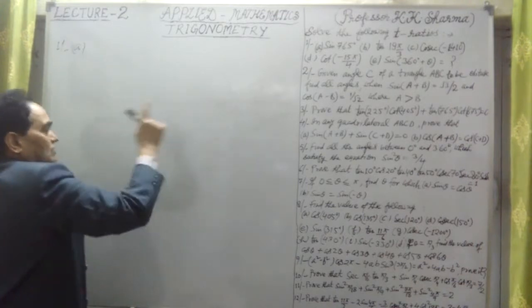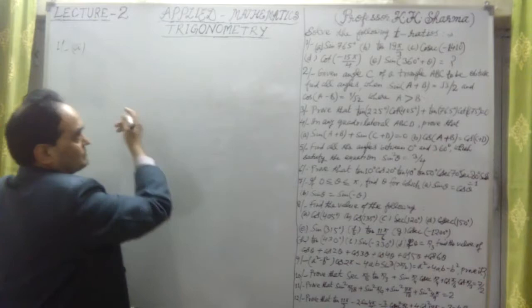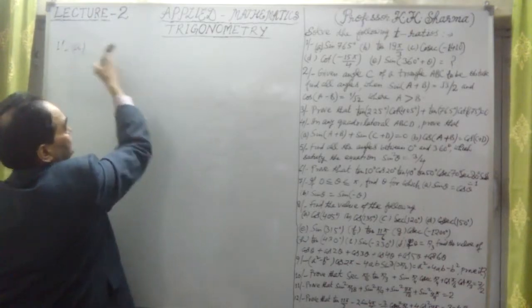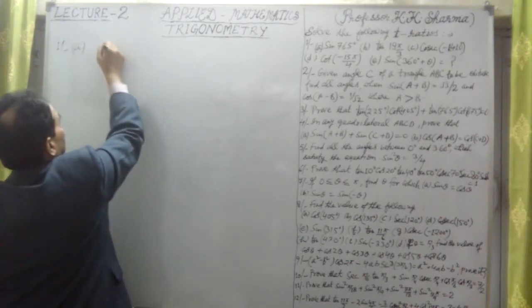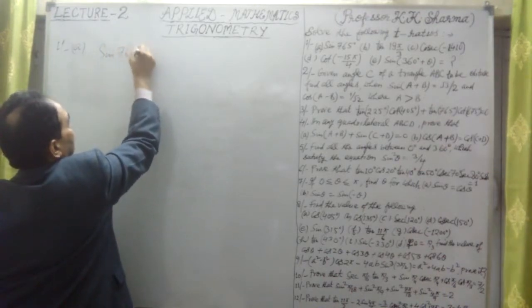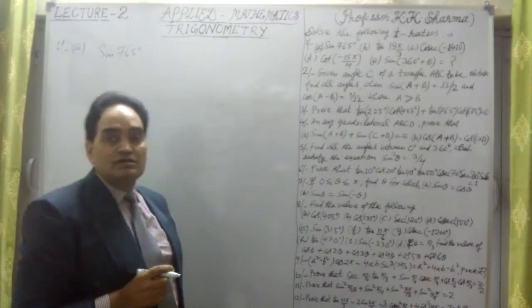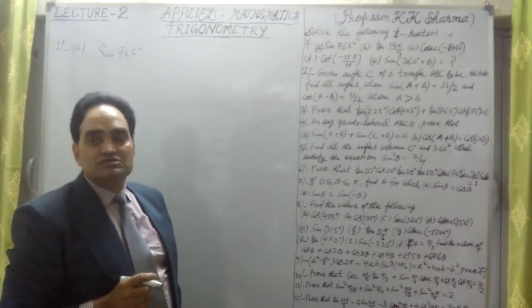I'll write all the trigonometric ratios here first, and then I'll solve them. Question number 1, part A: sine 765 degrees. How do we write 765 degrees in terms of 2 pi or 360 degrees?